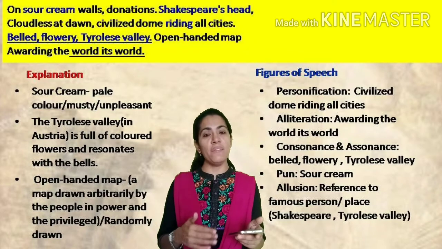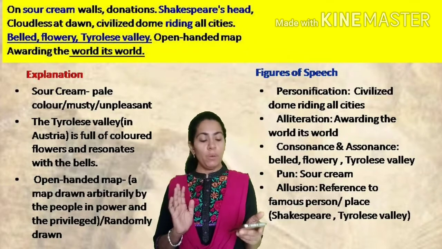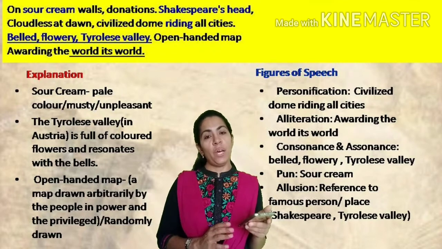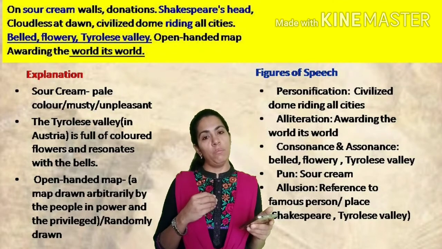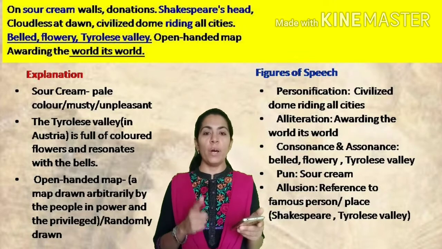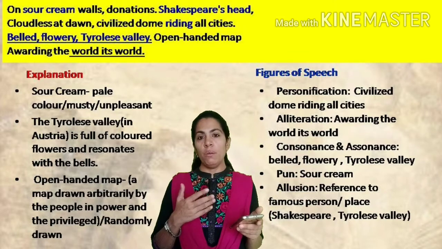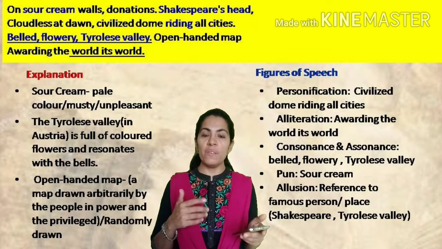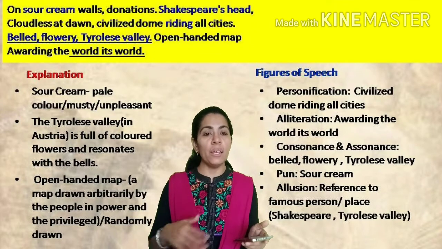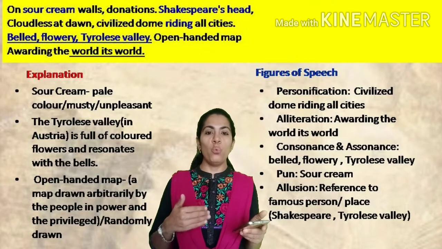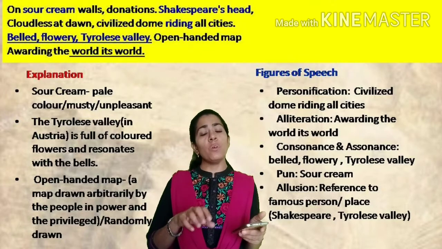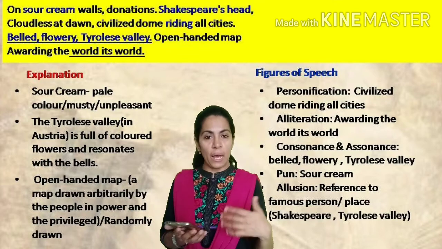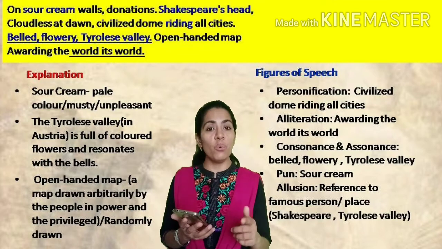So the poet means that the map is open handed, it is defined or charted out only by those who are in power. Like when the creation started, there were no boundaries. How the boundaries developed, how there was a delineation: people who were able to rule over that particular regime, that became their territory. So people have created this world, those people who were in power.